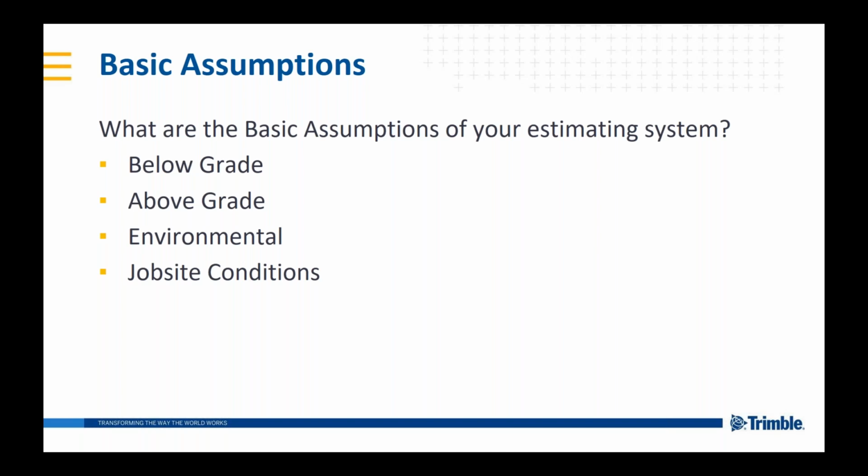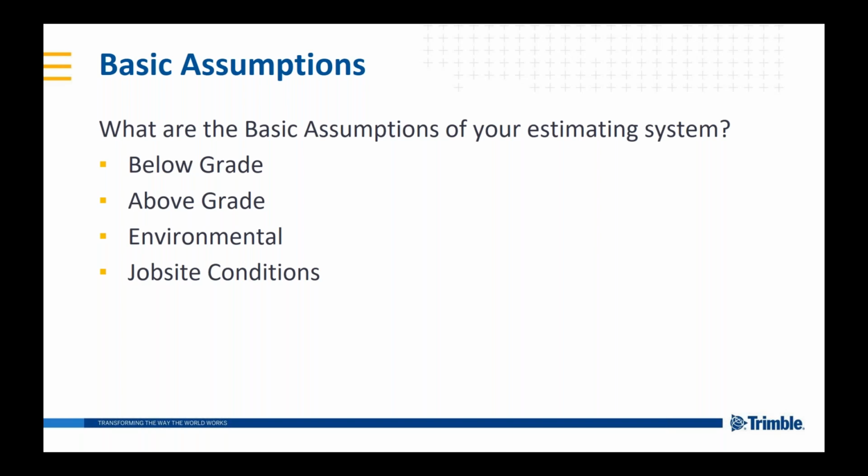Some examples of that would be, would you use the same labor units for material installed at 25 feet high as compared to 6 feet high? Well, certainly not. So at what height would you start applying a correction factor? If you don't have your basic assumptions documented, I would suggest that you do so. This would really help as your company grows and you hire new estimators.